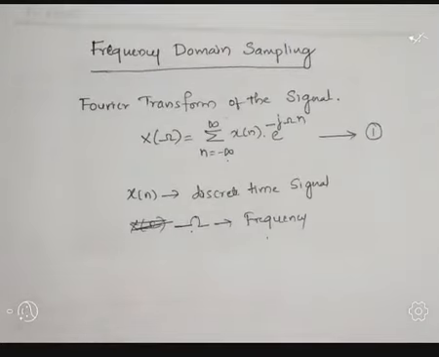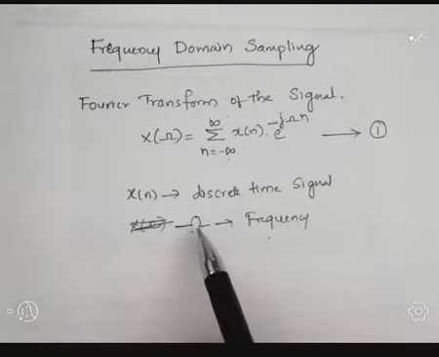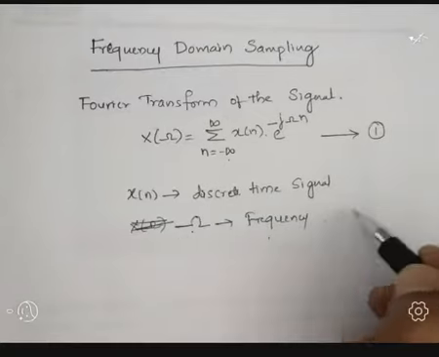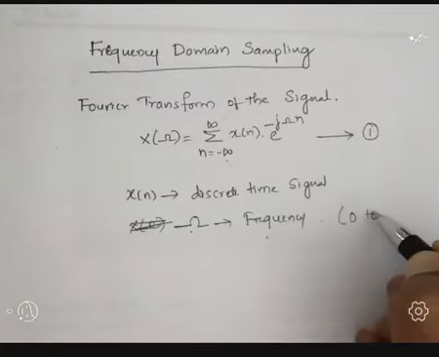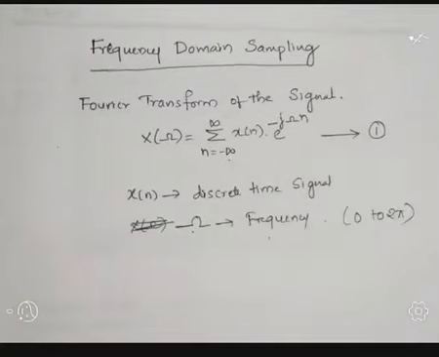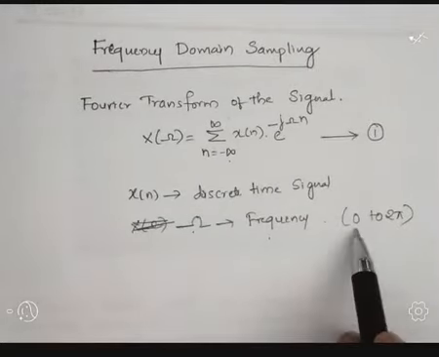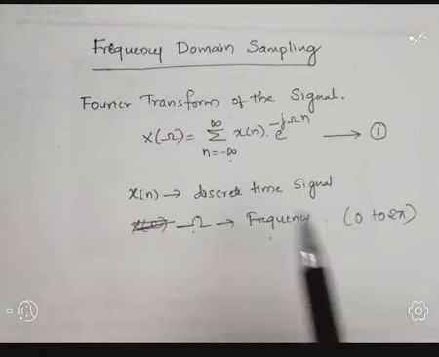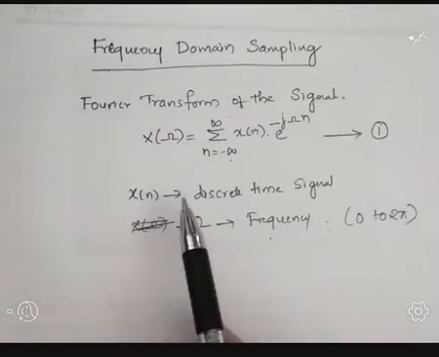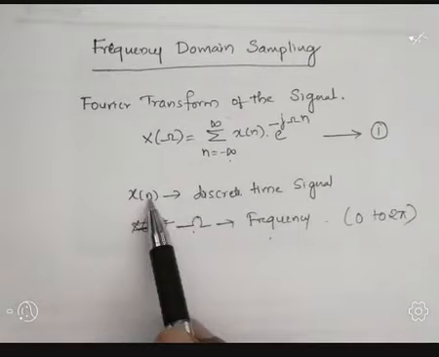One point we have to note here is that omega is a continuous function from 0 to 2 pi. This means even though x of n is a discrete time signal, its spectrum is what?